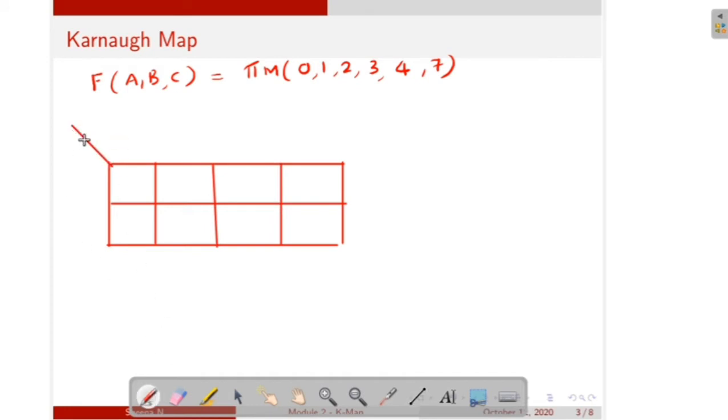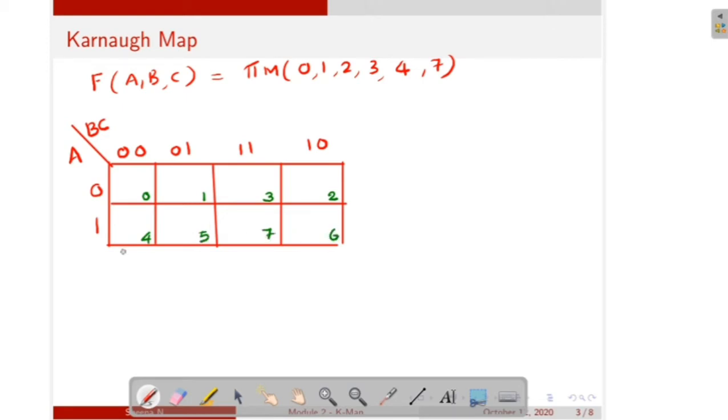Here it is the variable A, then BC. BC can have values 00, 01, 11, 10, and A can have value 0 or 1. So we can mark the terms. Here it is max term 0, max term 1, max term 3, 2, 4, 5, 7 and 6.